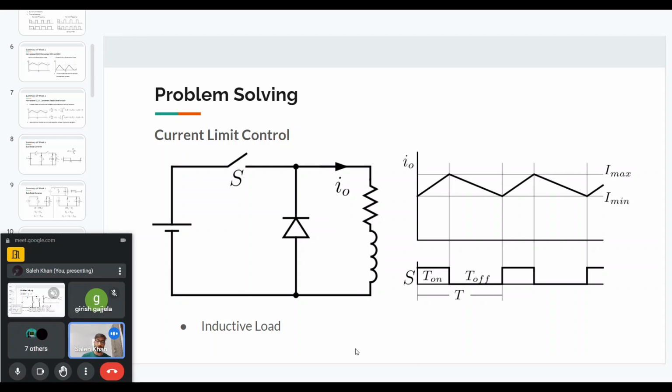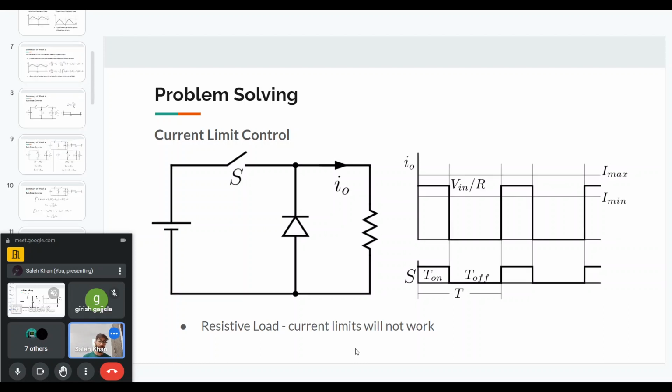Just to see this further, you can now see what will happen in the resistive load case. So here I have a resistive load, and when the switch is on, I am again showing the Imax, Imin, but you will see that these currents are not making any difference. If I have the switch on for some time, that means input voltage will come across the resistor, and since it is only a resistor, the output current will be input voltage divided by the resistance.